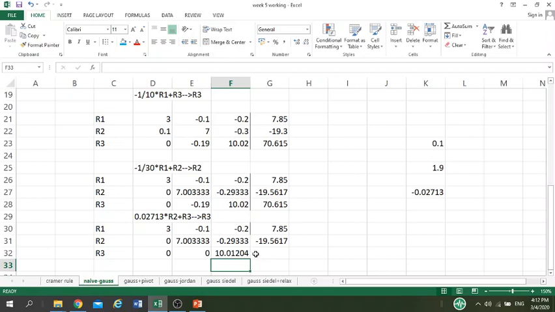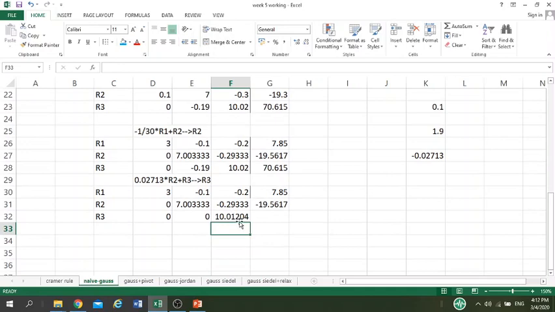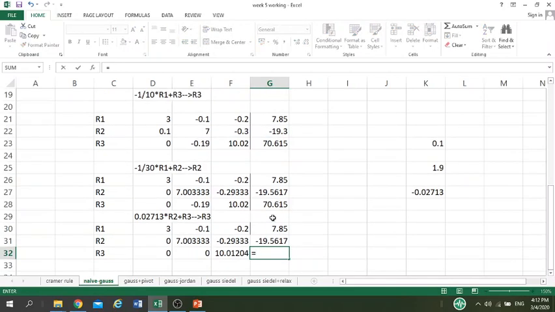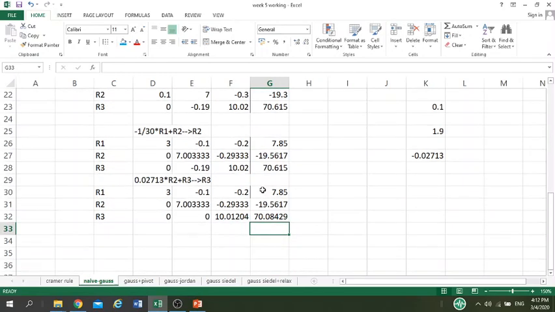So we got 0, we got 10, here. So from here, 0 times row 2 plus 70. So we got this value.